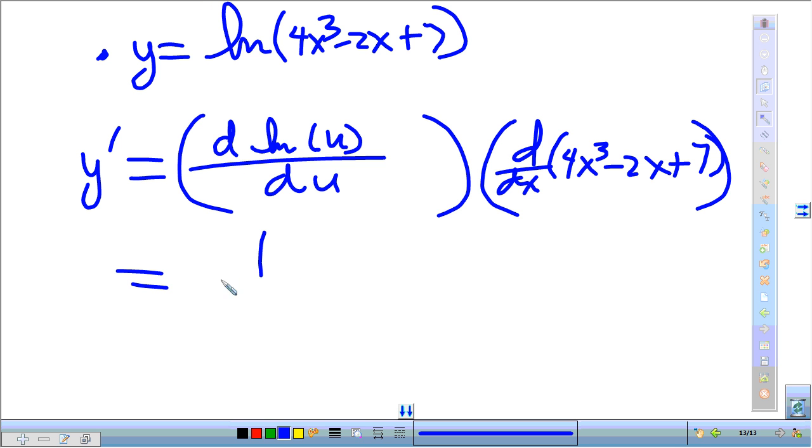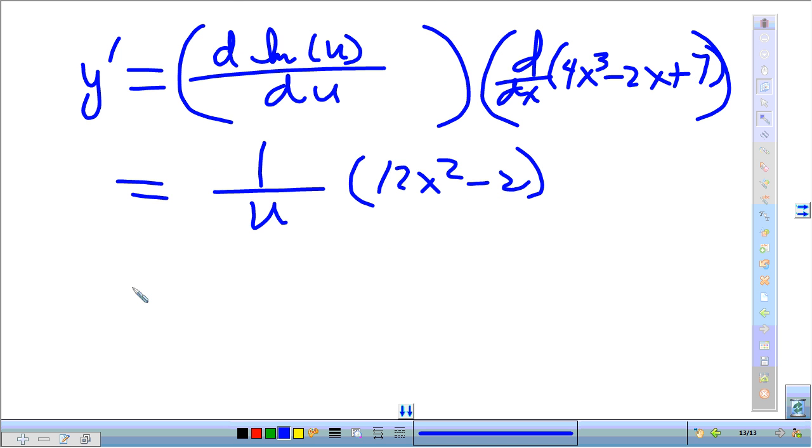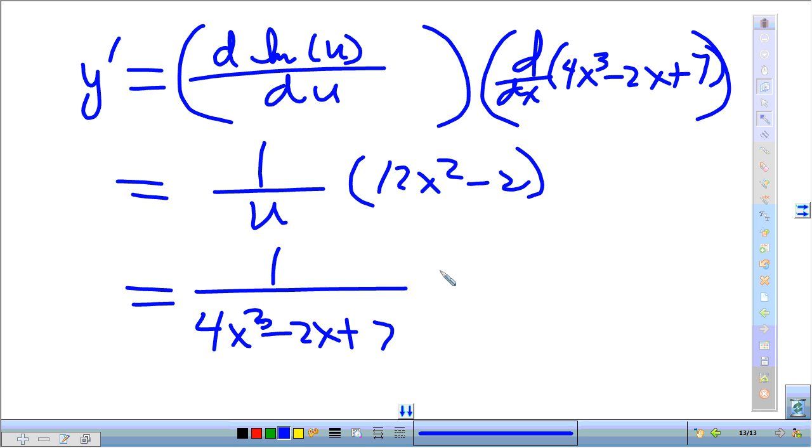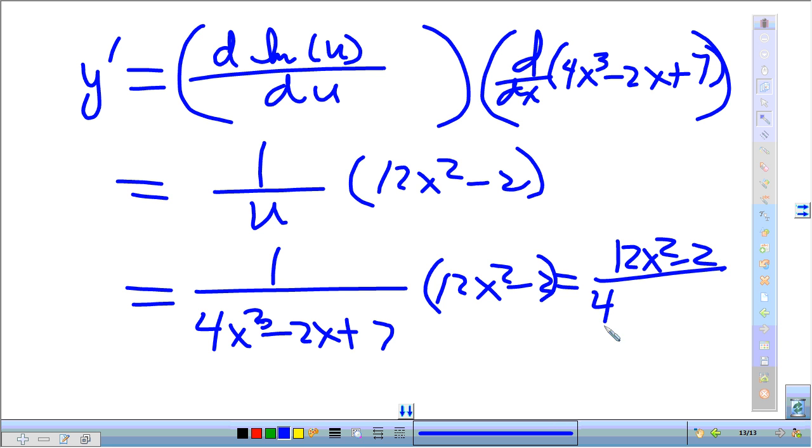The derivative of natural log is the reciprocal, and then we have the derivative of the inside, which is 12x squared minus 2. But it's not the reciprocal of x, it's the reciprocal of whatever we have the natural log of, in this case 4x cubed minus 2x plus 7. And then I might combine this as a fraction, 12x squared minus 2, all divided by 4x cubed minus 2x plus 7.